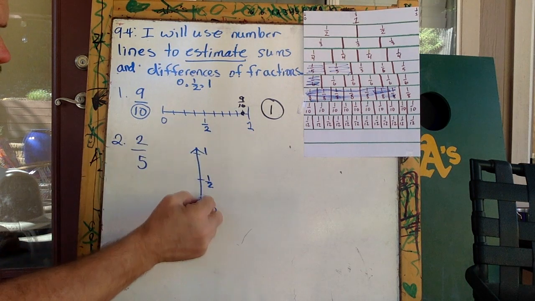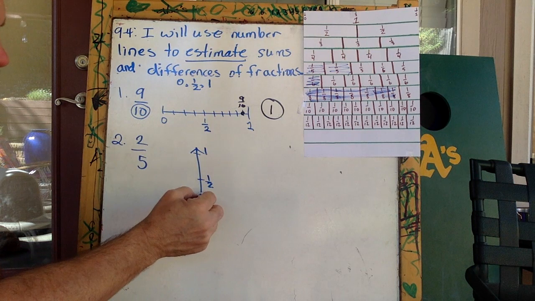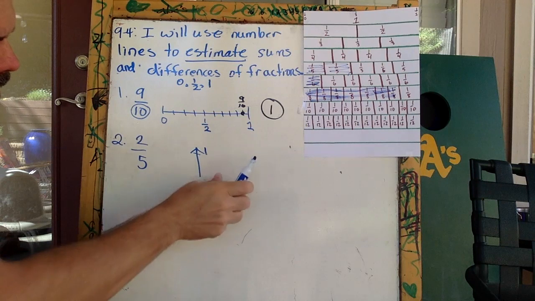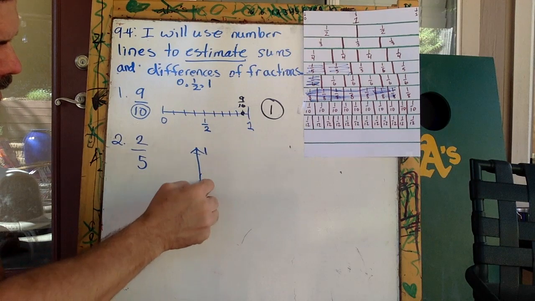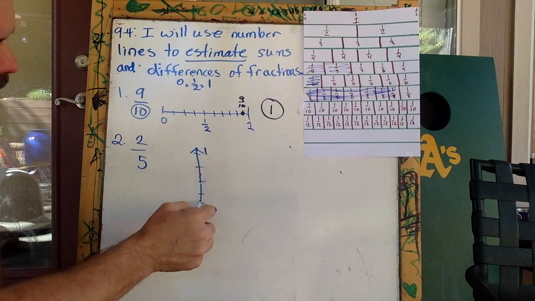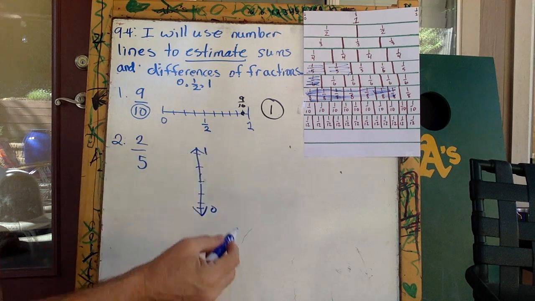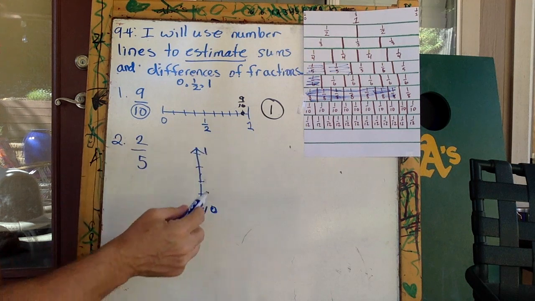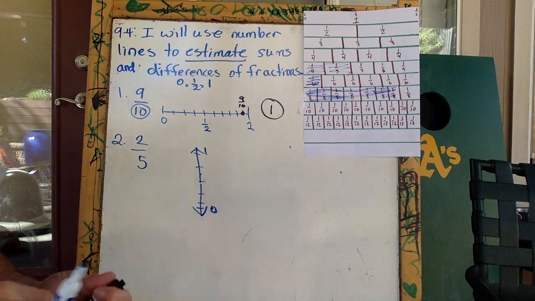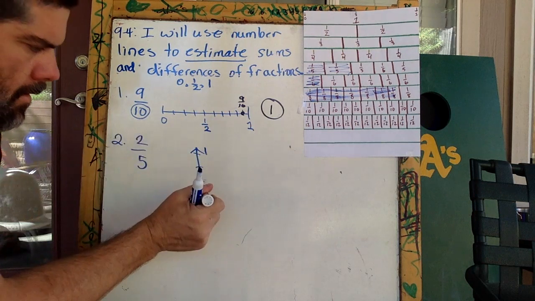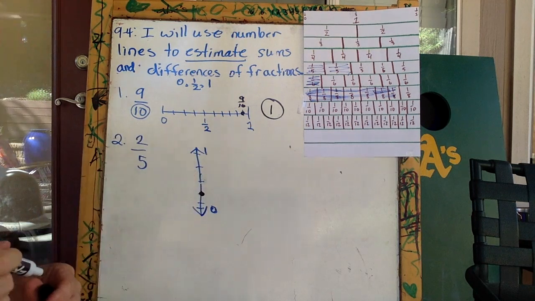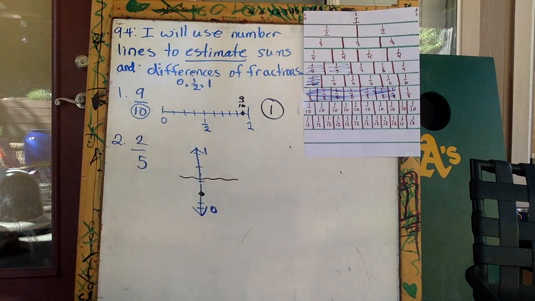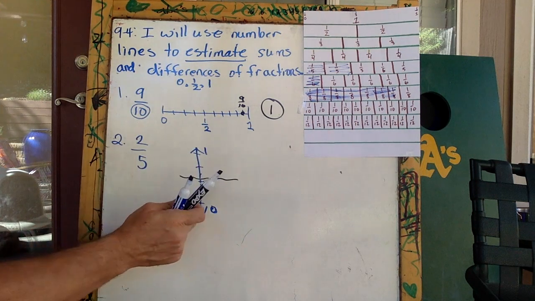Here's 1, 2, 3, 4, 5. Well, here's 0. If I'm going to plot 2/5, here's 1/5, and here's 2/5 right here. The halfway mark is going to be somewhere right here.